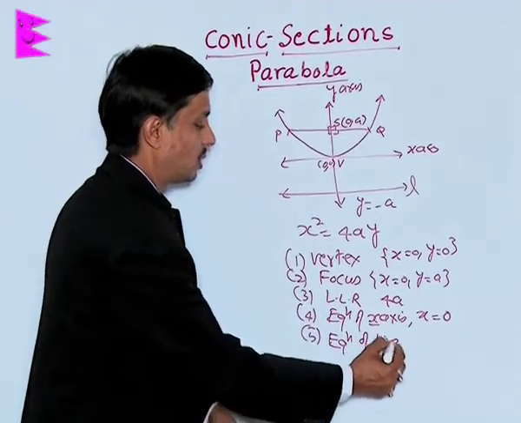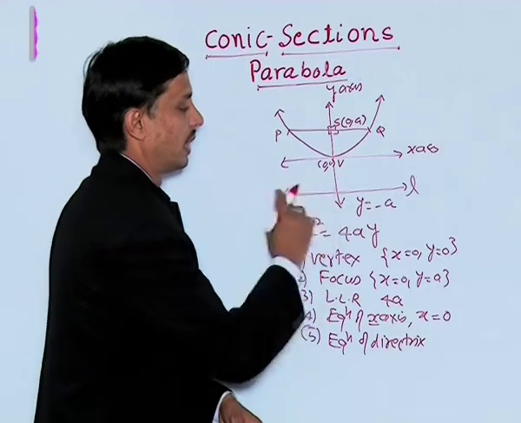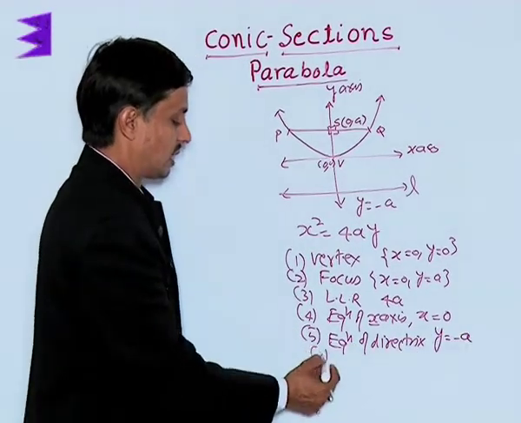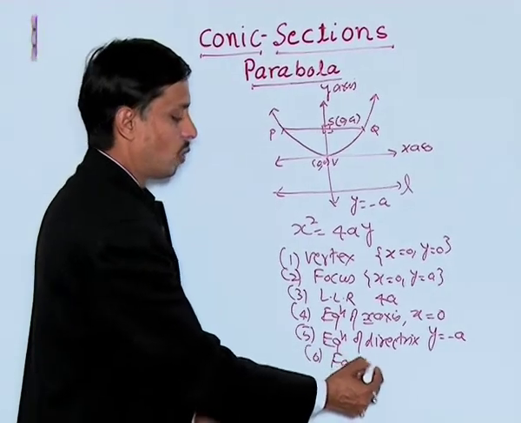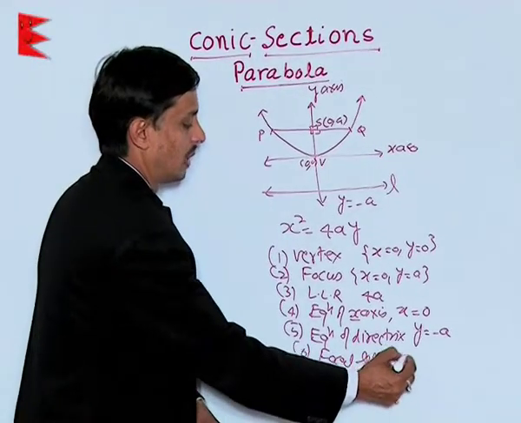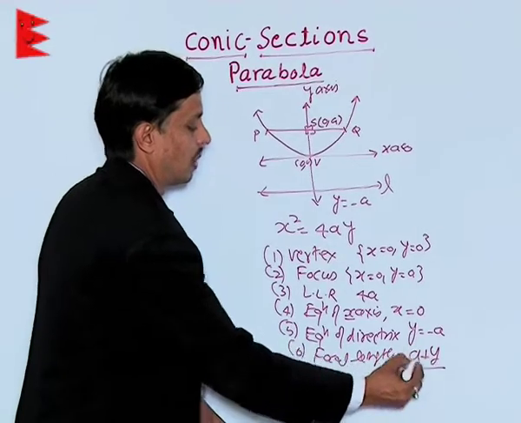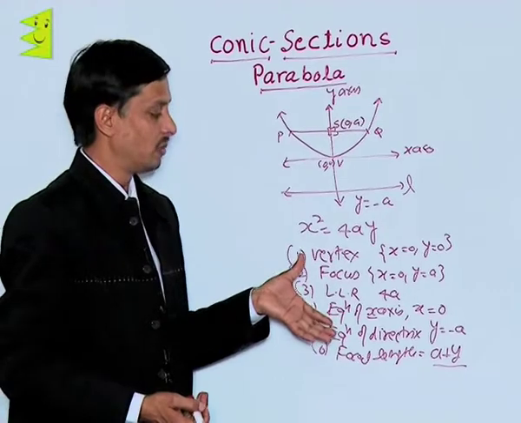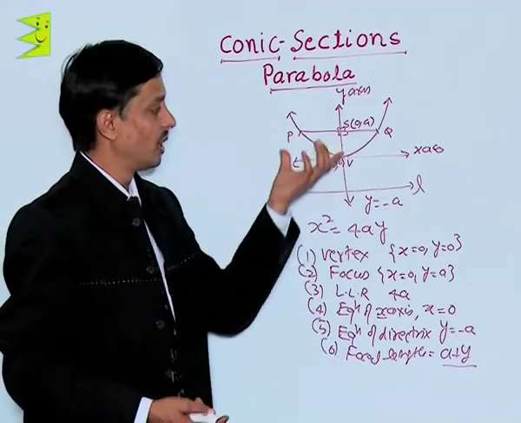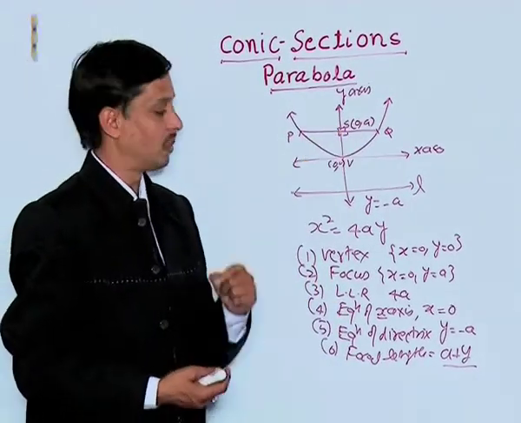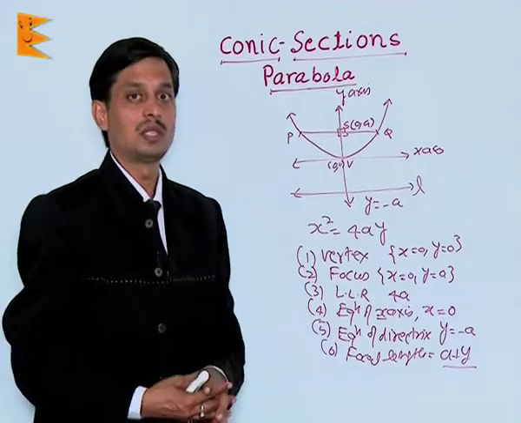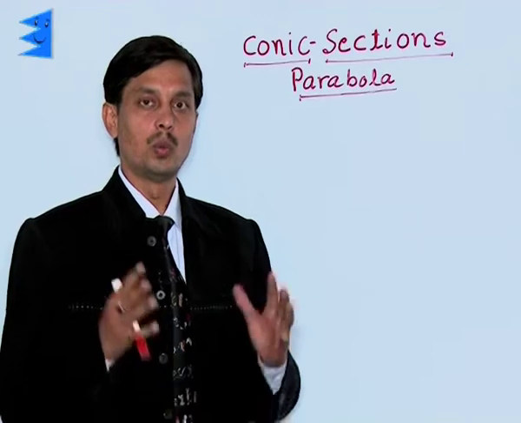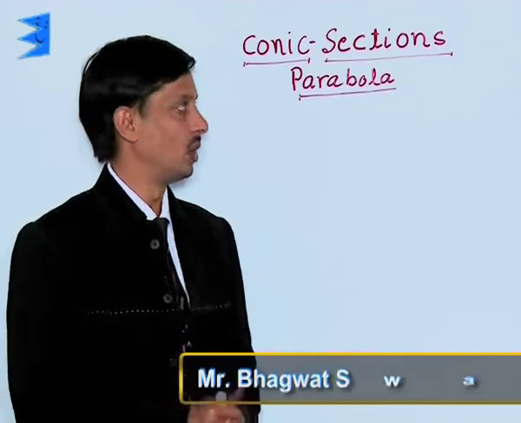The directrix is y equals minus a, and the last, what is the focal length of the parabola, that is a plus y. This is the information very much necessary to understand for the third type of parabola, x square equals 4ay. Now I want to tell you what is the fourth form of the parabola and what are its required information.